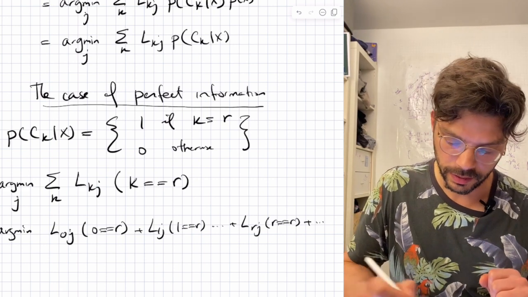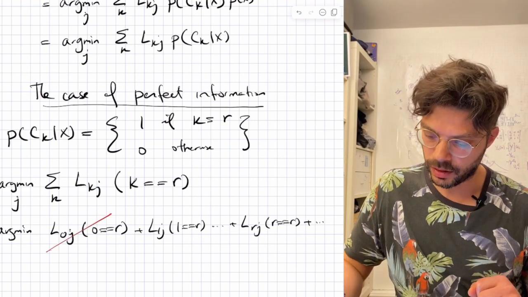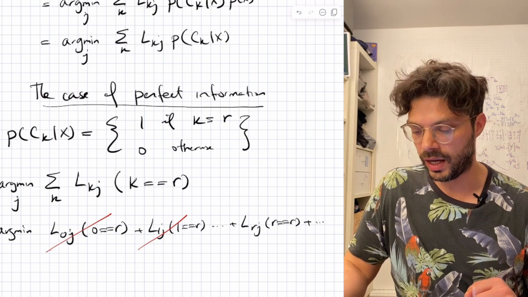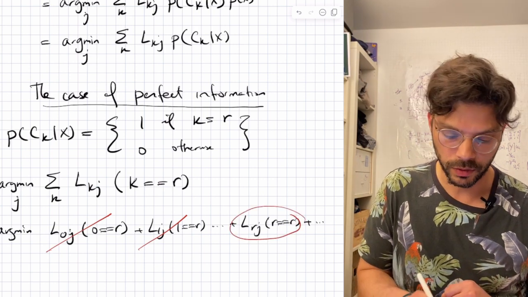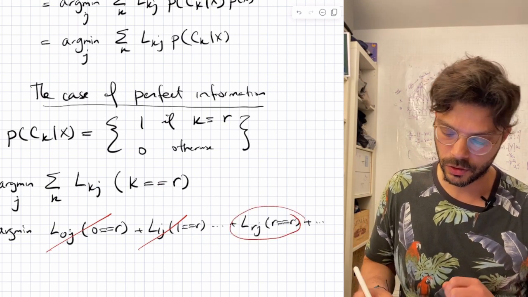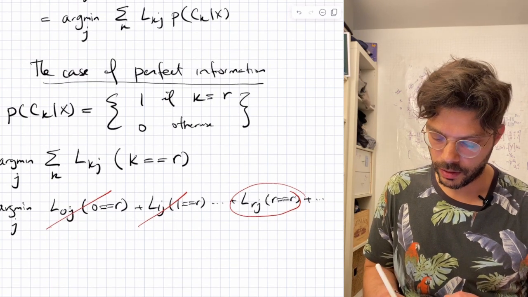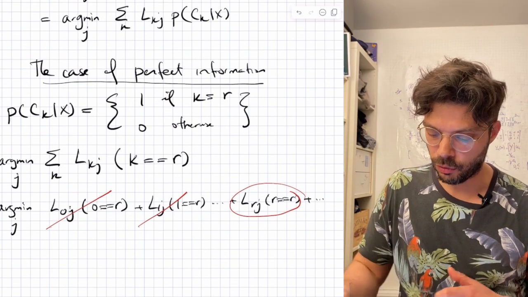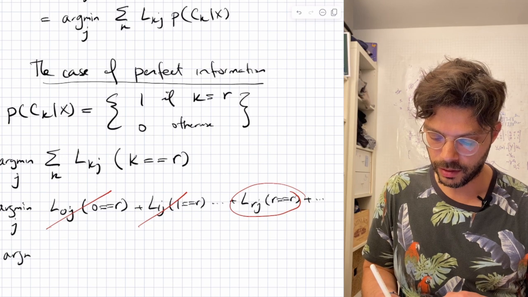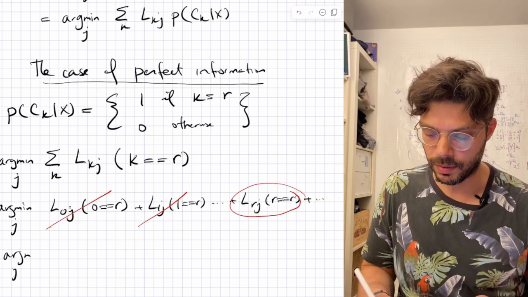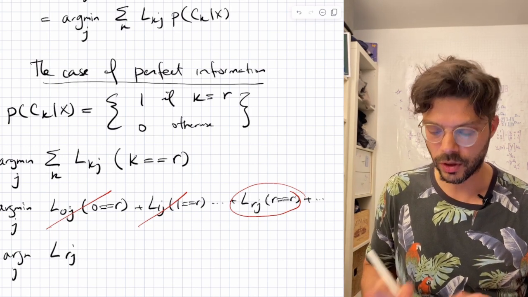Now you can see that this is going to go to 0, this is going to go to 0, and the only thing that's going to survive is this term. So what we end up with is just the argmin over j of L_rj.